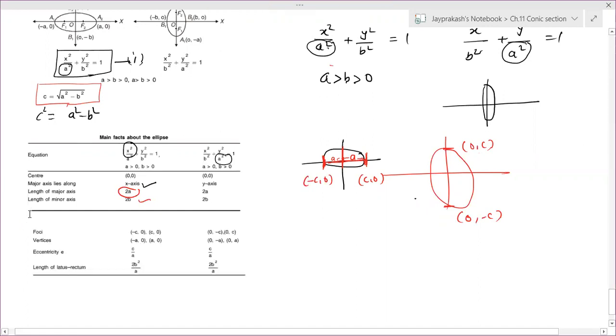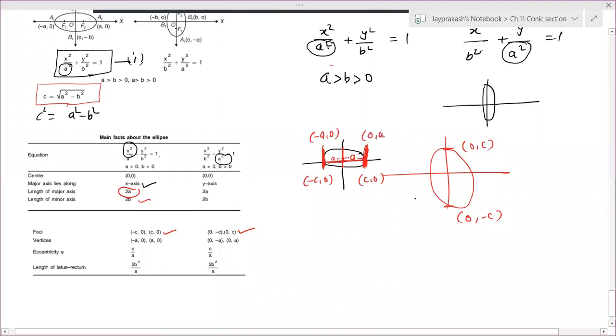So these are the terms we have already discussed about the foci, both along the major axis x-axis and this side major axis y-axis. Now the vertices of this point are on both sides at distance a, so we'll write here minus a comma 0, and this side a comma 0.